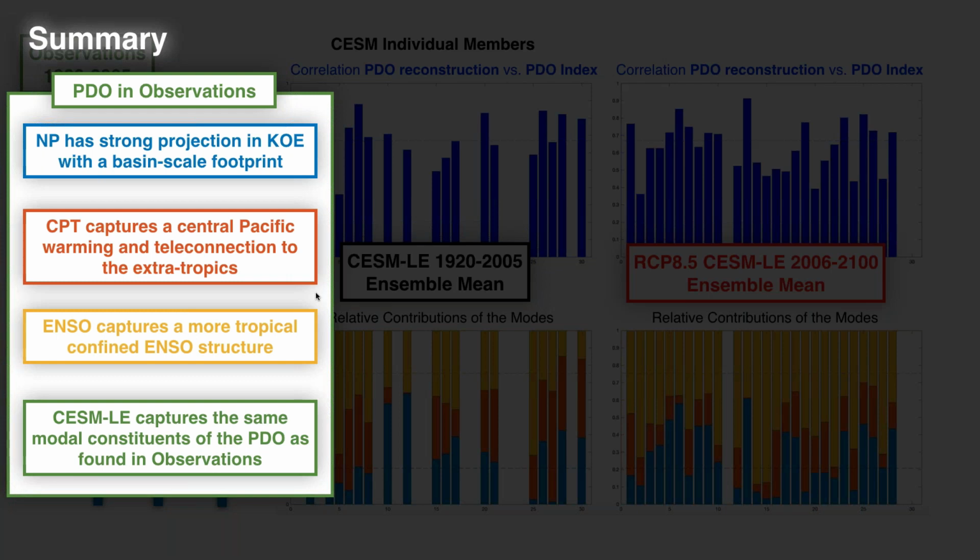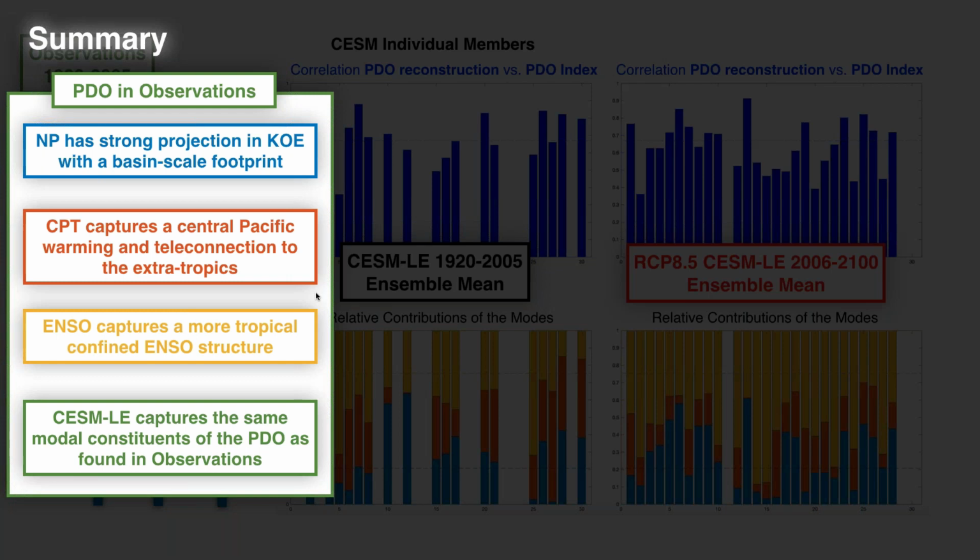And finally, we calculated the RCP 8.5 ensemble mean, and we found that the spatial footprint of the North Pacific mode appears larger in the North Pacific, and the Central Pacific teleconnection mode is less dominant, and the ENSO mode becomes more dominant, and there's still a large spread across ensemble members.